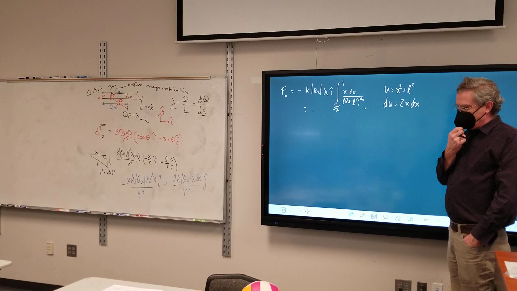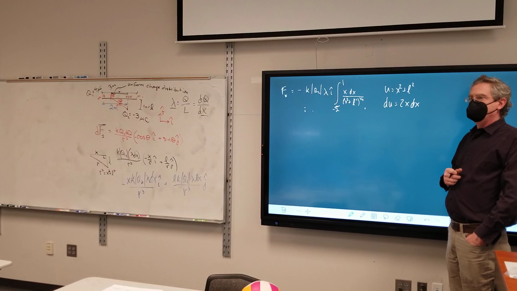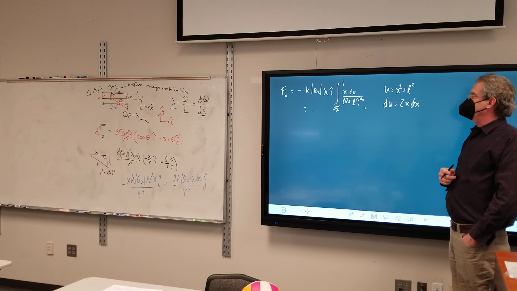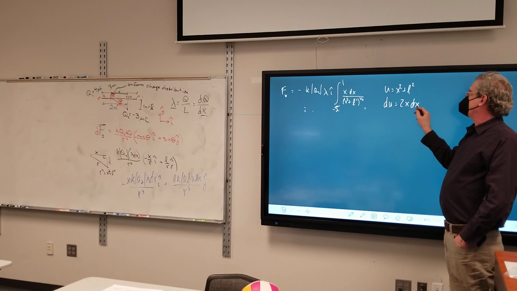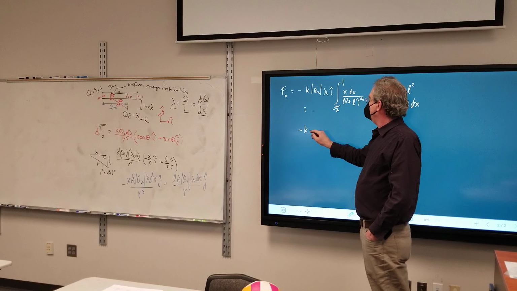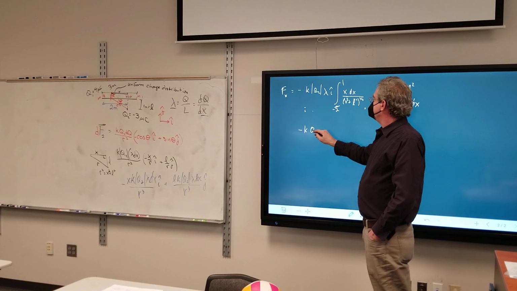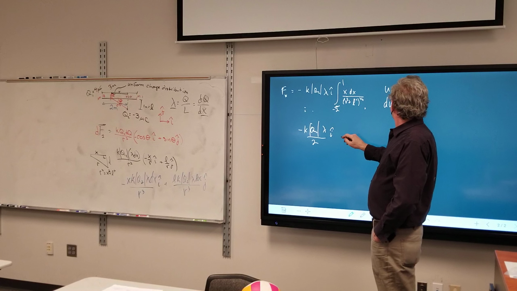We take out the L because that's a constant. Yes, L is a constant. The x's cancel. So x dx is 1/2 du, so then we get negative k q2 absolute value lambda over 2 i hat du over u squared.